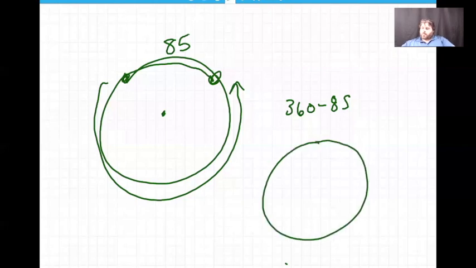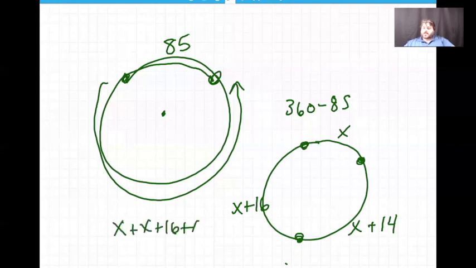A little bit harder of a problem would be something like this. This is x, and from here to here is x plus 14, and from here to here is x plus 16. Find x. Well, you just say that x plus 16 plus x plus 14 plus x equals 360. They should all add to be 360. There's an equation that you could solve to find x, and then, of course, answer the question.